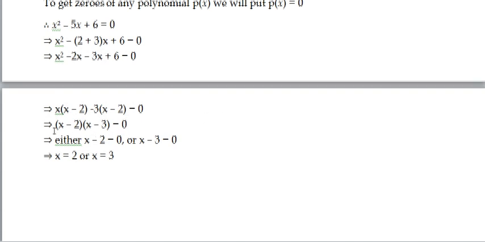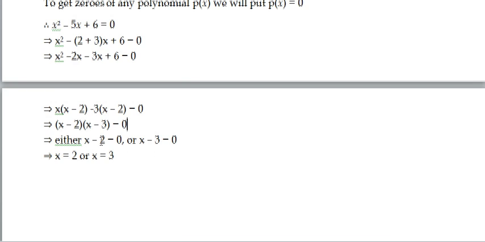Now since the product of these two is 0, either the first term will be 0 or the second term will be 0. That's why I am writing here either x − 2 = 0 or x − 3 = 0, because if the product of two numbers or two expressions is 0, at least one term will be 0.